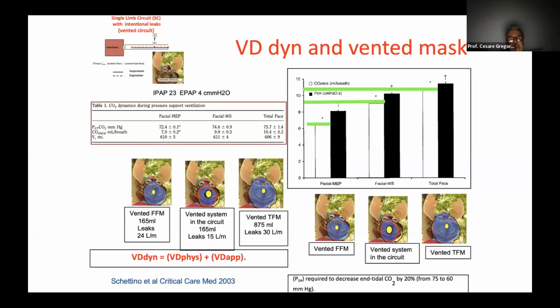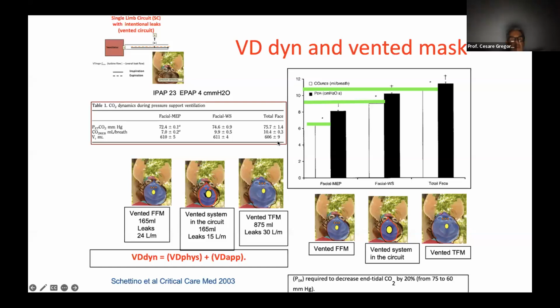There is another interesting study published by Schettino in 2003 that compared different interfaces: two normal oronasal interfaces, one small and one a bit bigger than the first one, and the total full face mask. They analyzed the driving pressure, the pressure applied to the respiratory system, required to decrease end-tidal CO2 by 20%. It was a bench study, from 65 to 70.